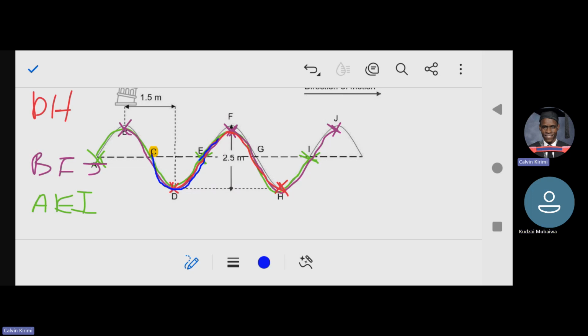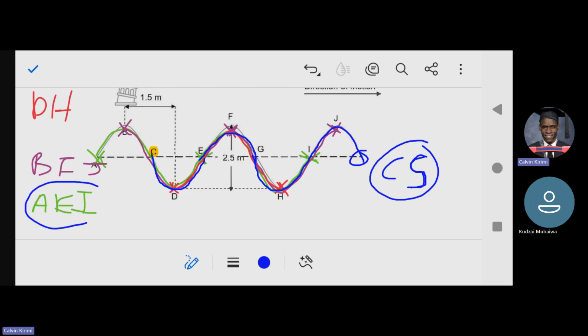Then I go down. So now I'm repeating again. So which point? C and what? And G. C and G are in phase. So you write C and G. Since there is no other point which I should write, there is no third point here. If it was there, I would have written it. So it's just C and G in phase.